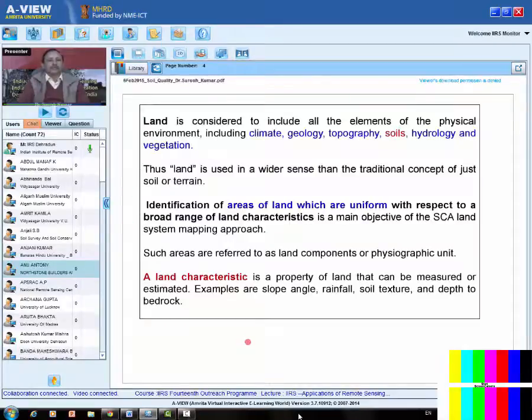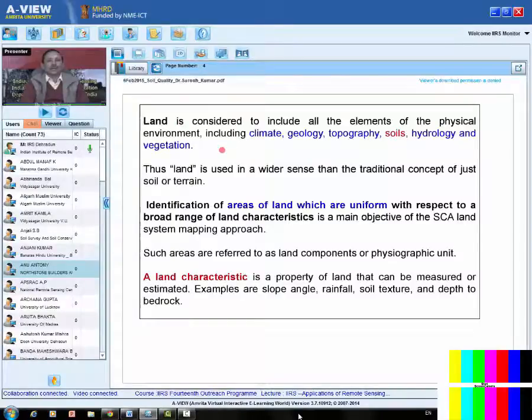Before we switch over to how to assess the soil quality, I would like to tell that if we consider what the components of the land are, we come to know that the land is comprised of climate, geology, topography, soils, hydrology and vegetation. So soil is one component of land, and here we are going to assess the soil quality.